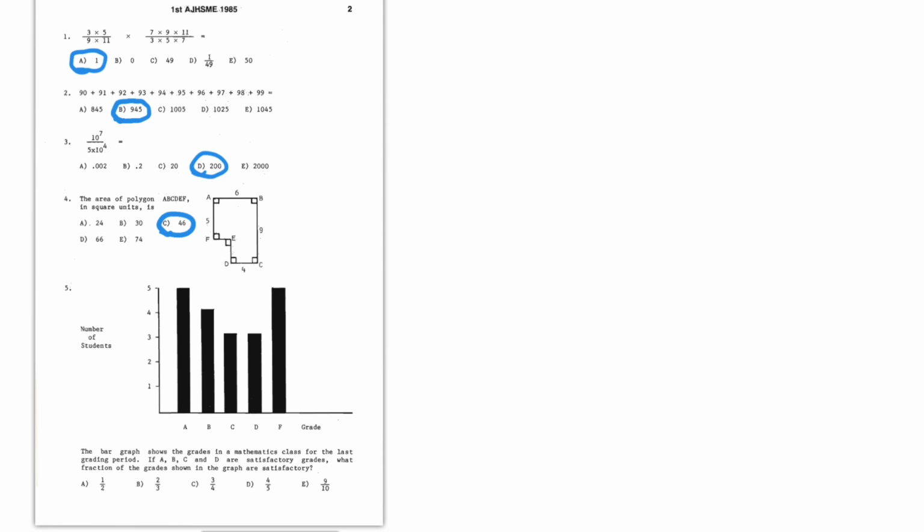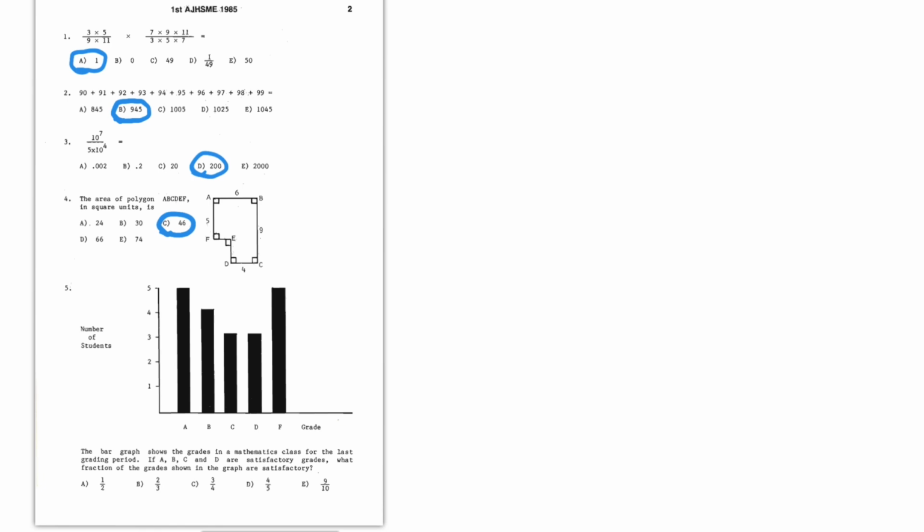Number 5. The bar graph shows the grades in the mathematics classes for the last grading period. If A, B, C, and D are satisfactory grades, what fraction of the grades shown in the graph are satisfactory? So they ask for the fraction of the satisfactory.